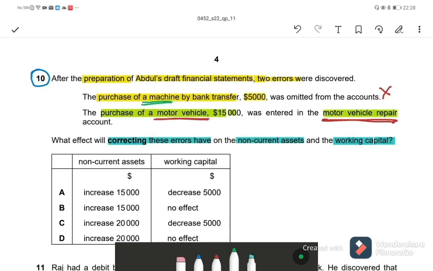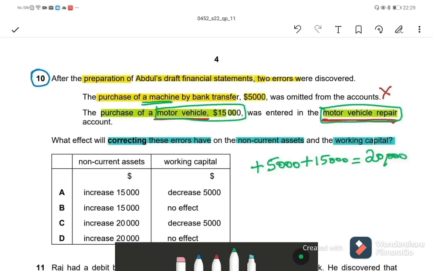So when they corrected this plus 5,000, they have to add in non-current asset, and purchase of motor vehicle by mistake they entered in the motor vehicle repair account. Now when they are correcting the error, they will add motor vehicle 15,000. So total they add 20,000. So it will increase the non-current asset 20,000.